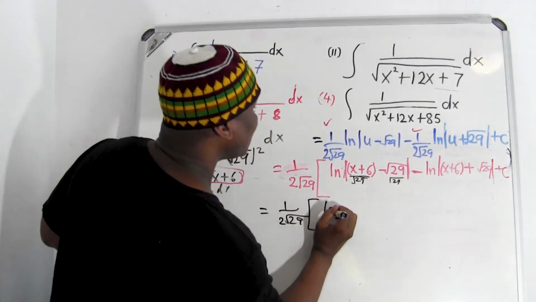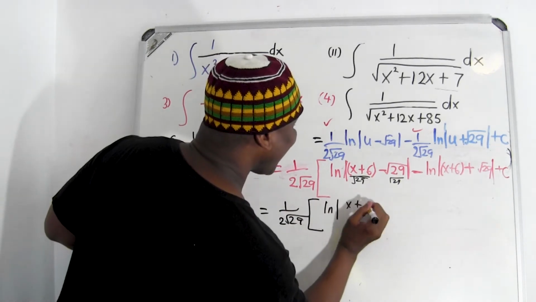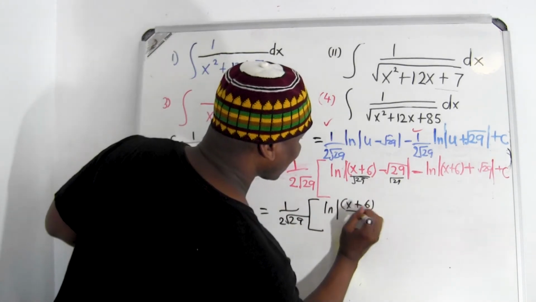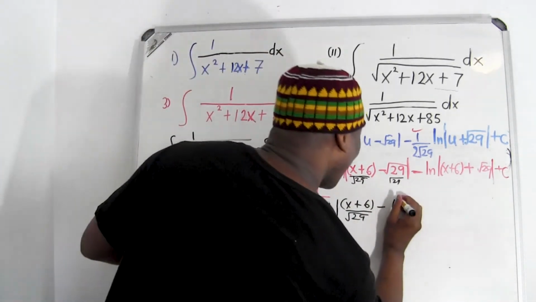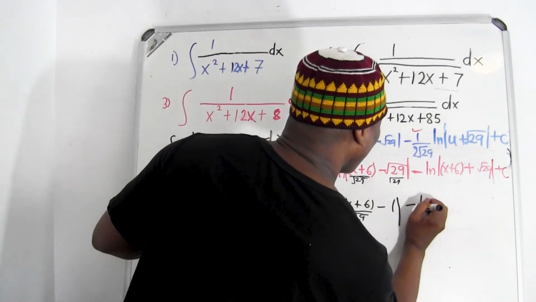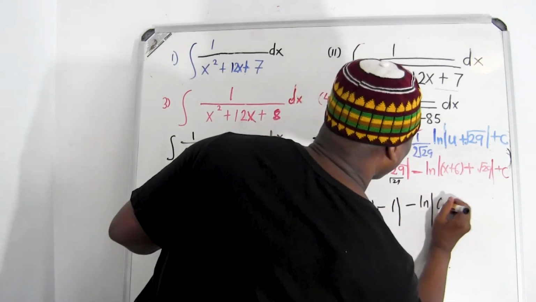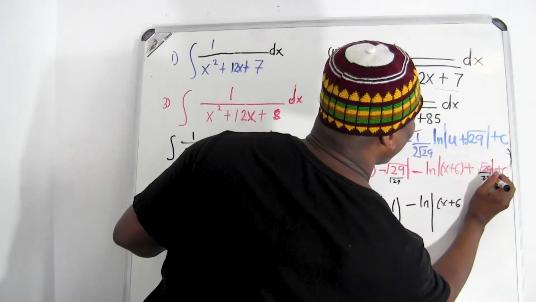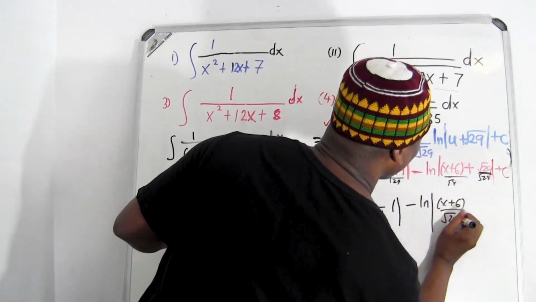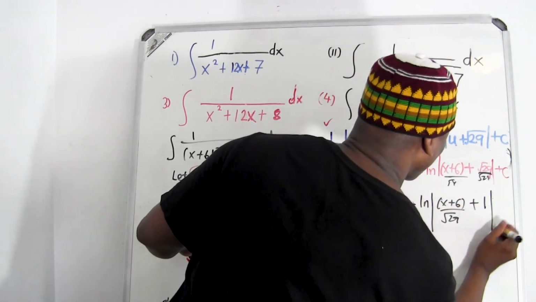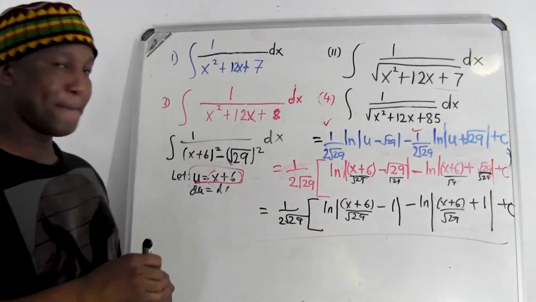So this is going to become ln absolute x plus 6 over square root of 29, minus 1, and then minus ln absolute x plus 6 over square root of 29, plus 1, close the absolute, plus c. You see what I'm saying?